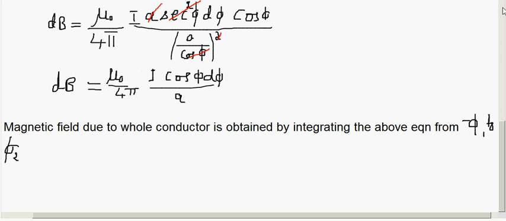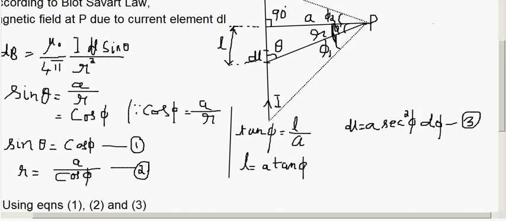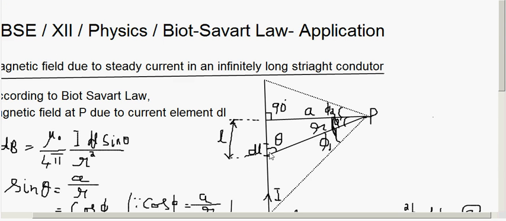Now remember, here you see the picture. So dl is here. If I consider this end as making an angle phi 2 and the other end makes an angle phi 1, from this end to this end, the whole conductor, that can be obtained by taking this whole angle. So integrating the equation from minus phi 1 to phi 2.